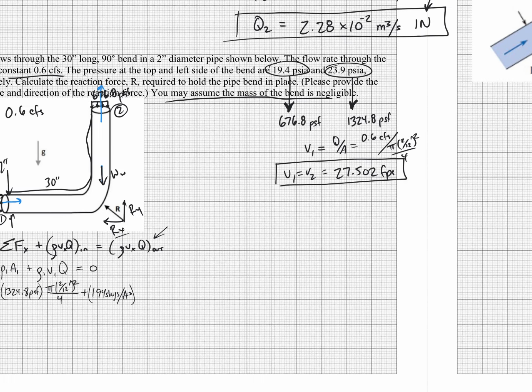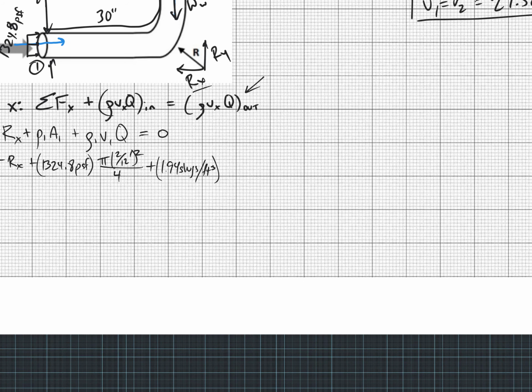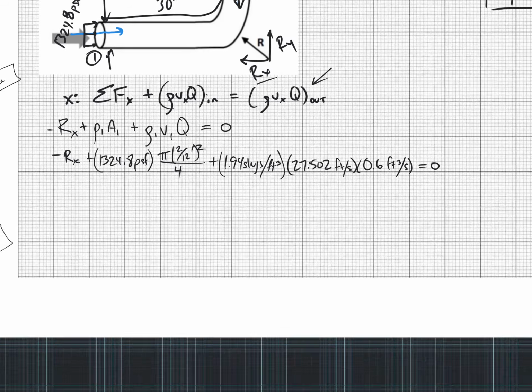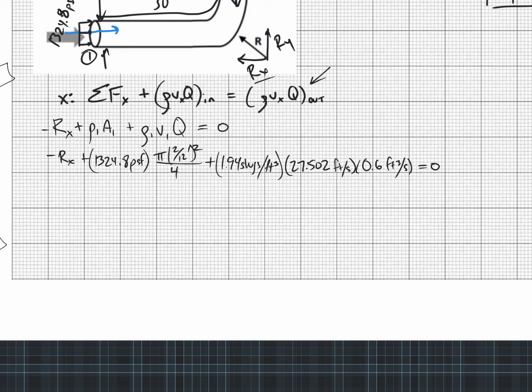Okay, so we'll go down here, and here's our V1, 27.502 feet per second. And then we need a Q, which is 0.6 cubic feet per second. Okay, so let's see here. Cubic feet here is going to cancel with cubic feet here. So we get slugs feet per second squared. So this is all pounds.